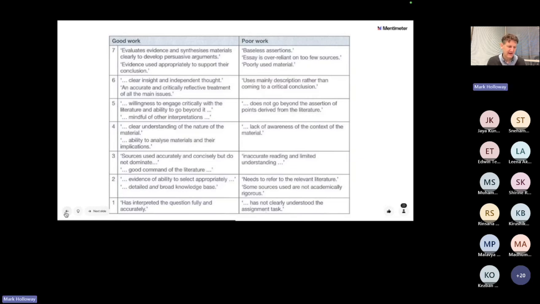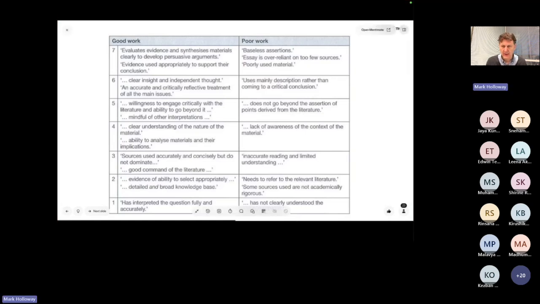But similarly, if at the beginning you do not clearly understand the assignment task, then it's very likely that the other bad things will follow. Because if first you haven't understood the assignment correctly, it's likely that you're then not going to go to the right things to read or useful text to read, and then your reading might be inaccurate or limited, and so on and so on.